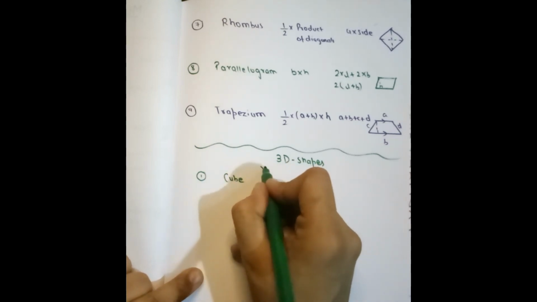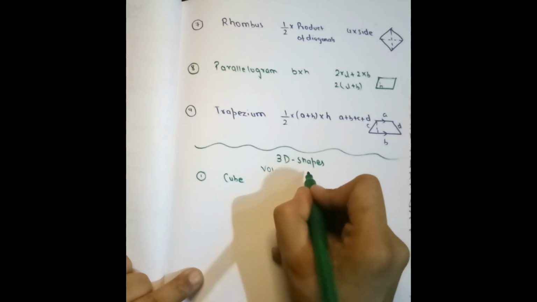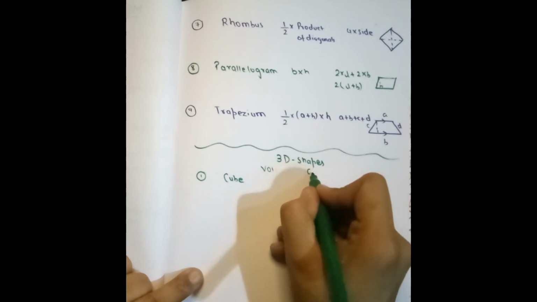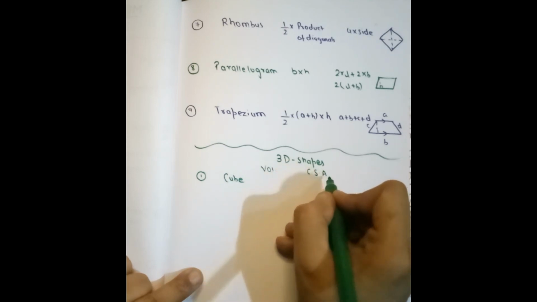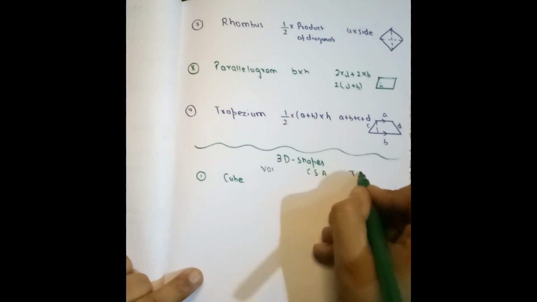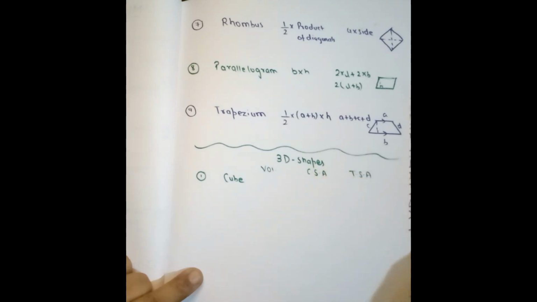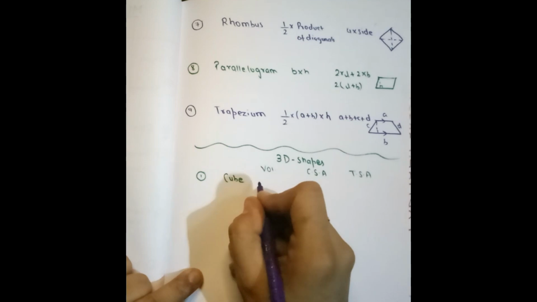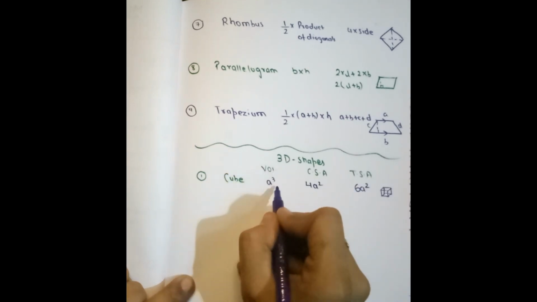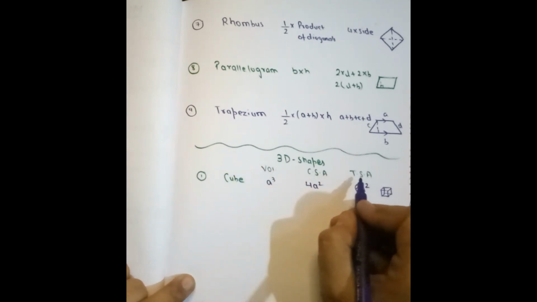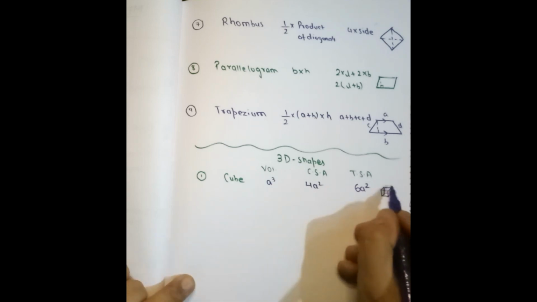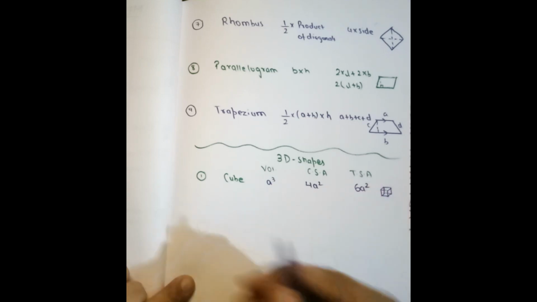First I'm going to cover volume, then the curved surface area or lateral surface area, and then total surface area. So let's start. The volume of a cube is A cube, curved surface area is 4A square, total surface area is 6A square, and this is the shape.